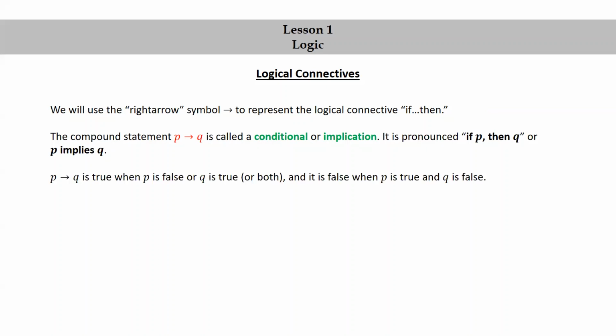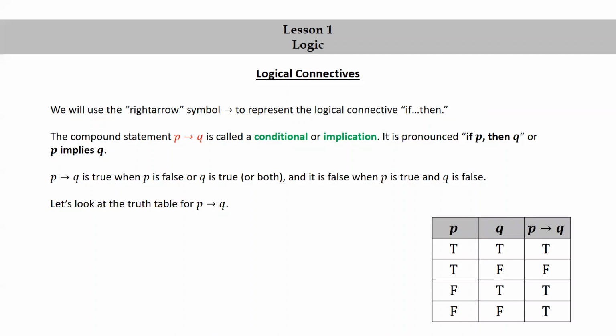P implies Q is true when P is false or Q is true or both, and it is false when P is true and Q is false. Let's look at the truth table for P implies Q. We have true implies true is true, true implies false is false, false implies true is true, false implies false is true.